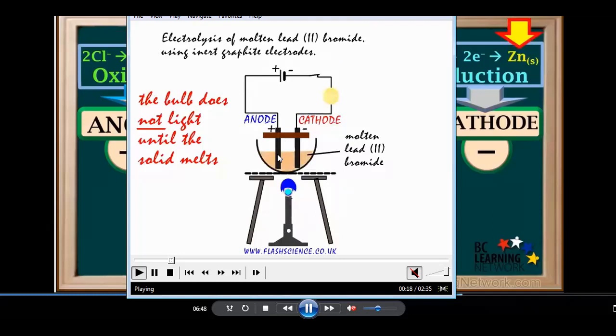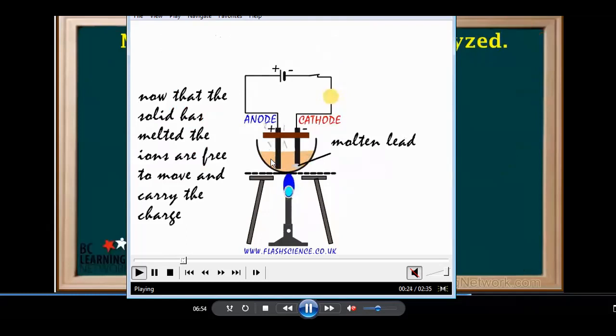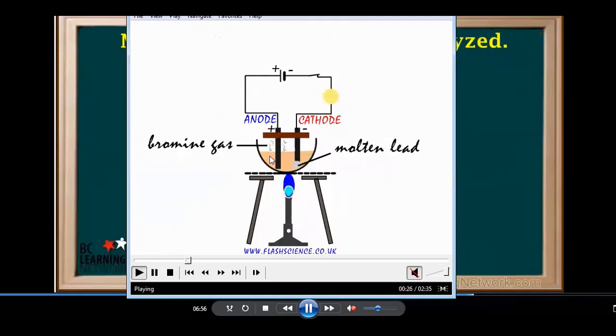When it's molten, we don't have any other anions and cations, except the lead and the bromine. We have in the container the lead cation and the bromide anion only. So there is no competition: only the bromide is directed to the anode and only the lead is directed to the cathode.